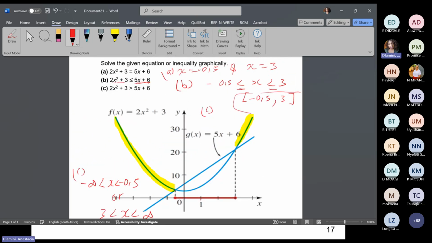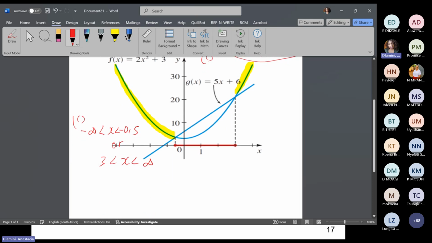Open bracket, negative infinity, comma, negative 0.5, union, and then open bracket, 3, comma, to infinity. Well done, guys. I need score.